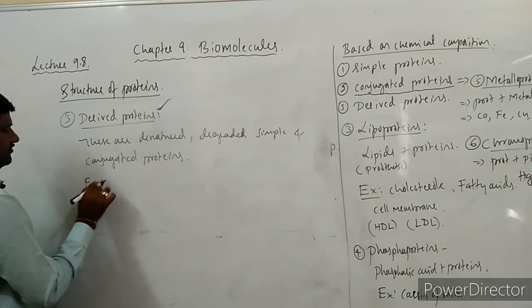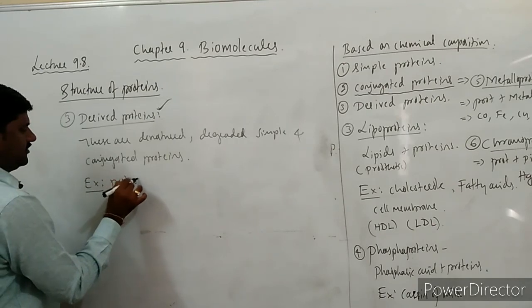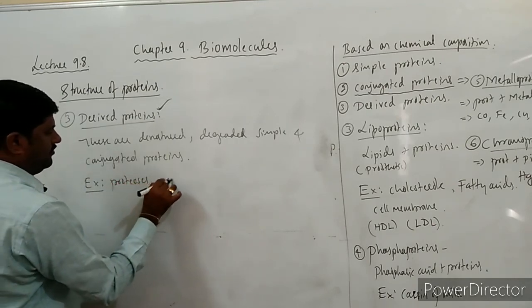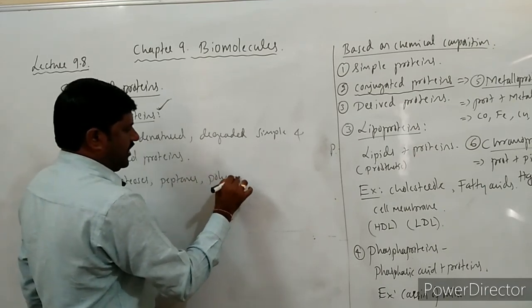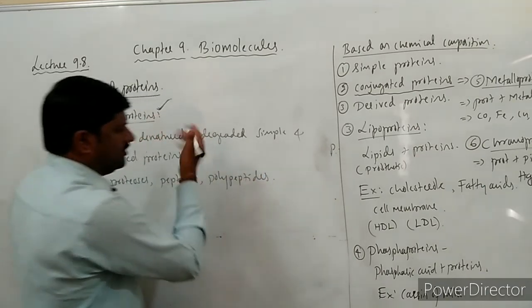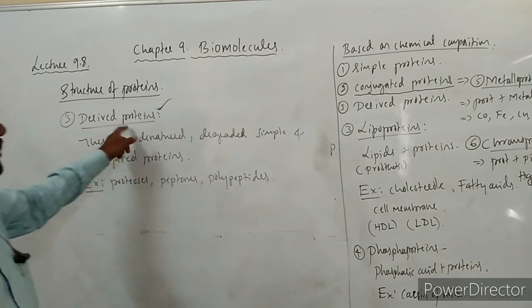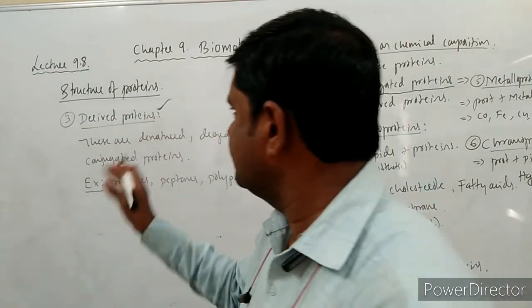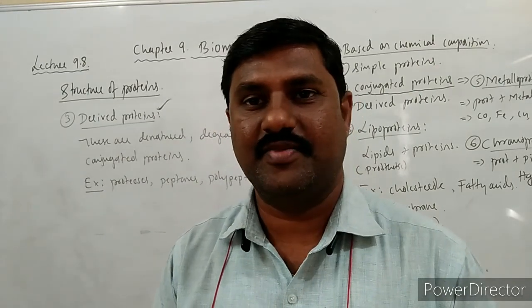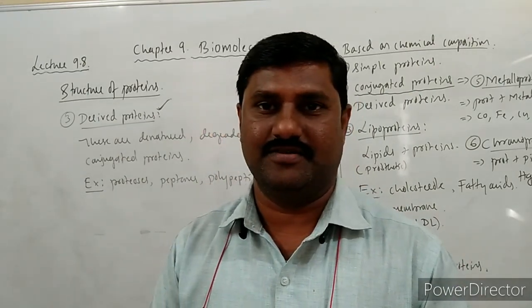Examples for this are proteoses, peptones and polypeptides. These are the best examples of derived proteins. So these are the different types of proteins based on their chemical composition.